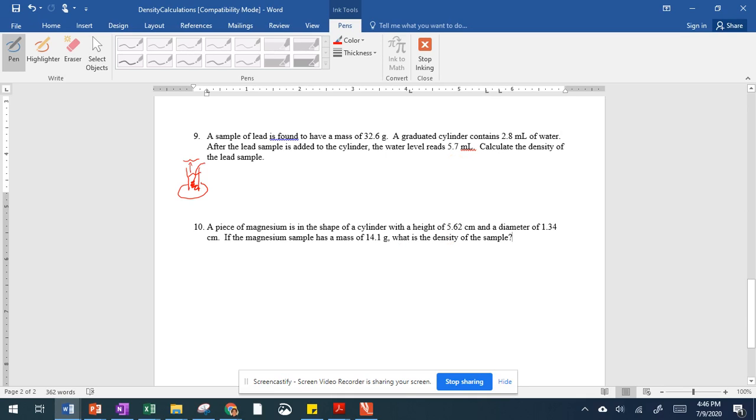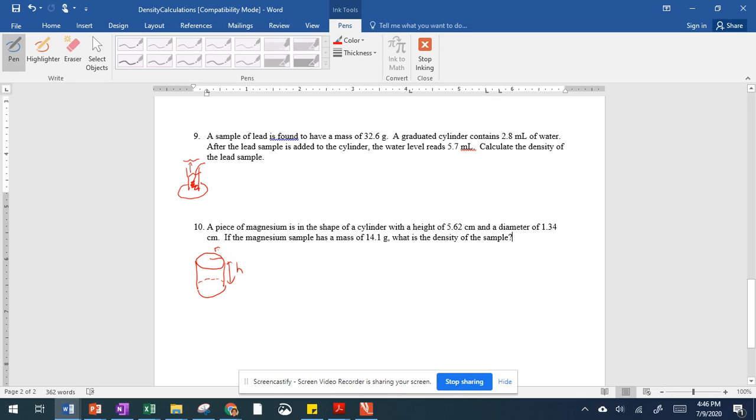And with number 10, you need to find the volume of a cylindrically shaped object. Think about math class: if you have a cylinder, to find the volume of that cylinder, you would look at the height, and you would also need to know the radius.